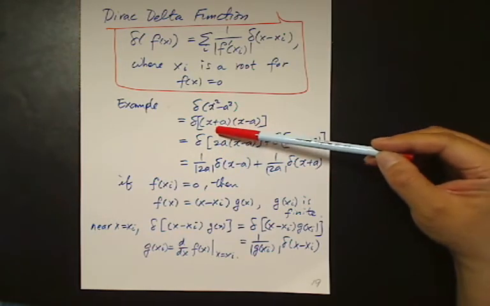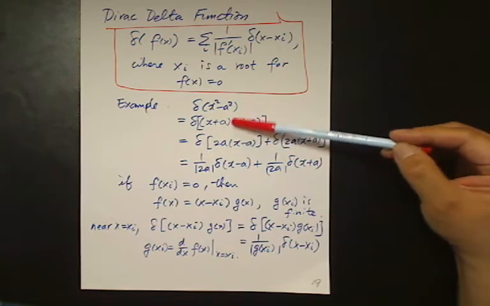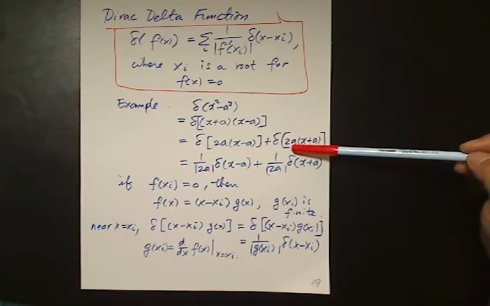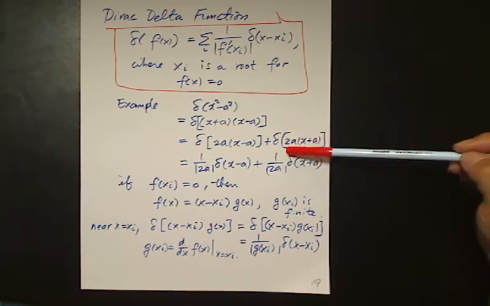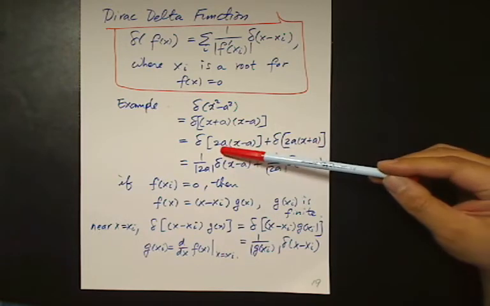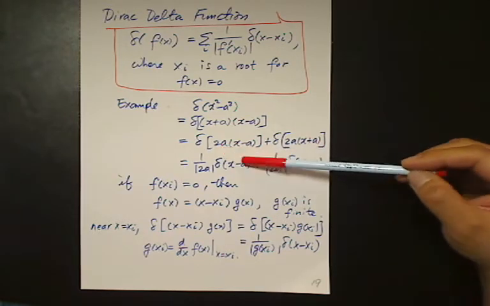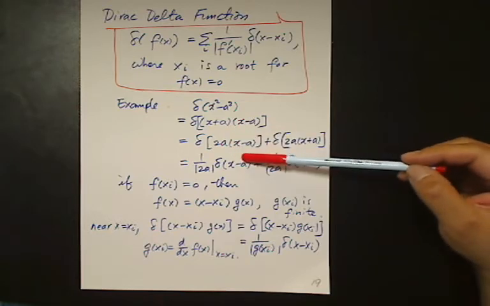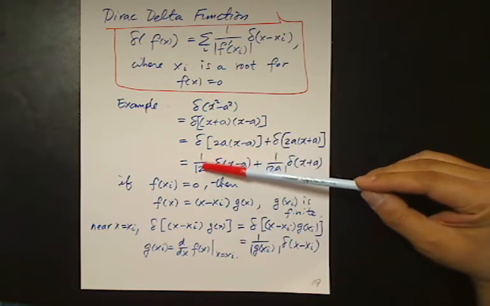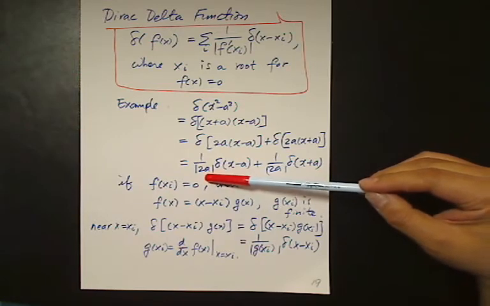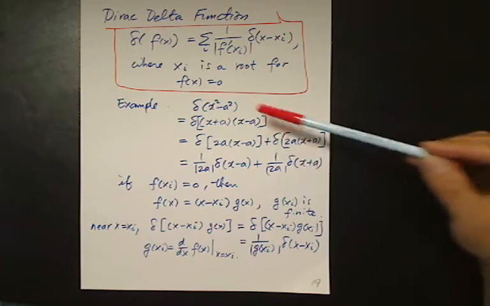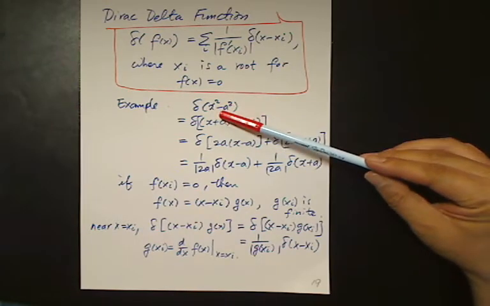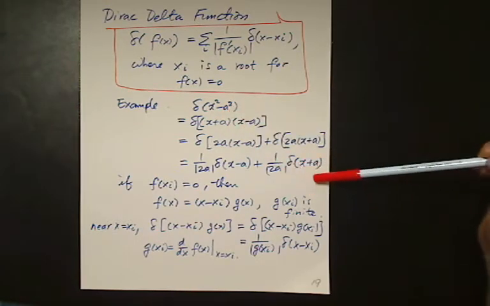When x approaches minus a, the coefficient will be minus 2a. But we don't care about the sign in the argument, so it is just 2a. Now we have a constant multiplied by something that depends on x, so it is factored out to give 1 over the absolute value of 2a. And we find that there are two roots, at x equals a and x equals minus a.